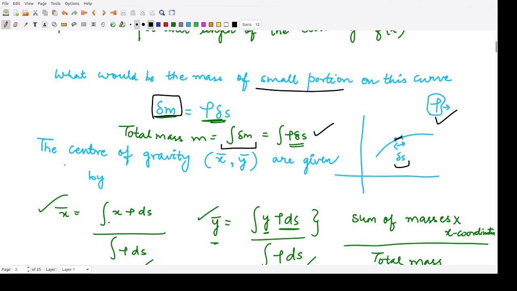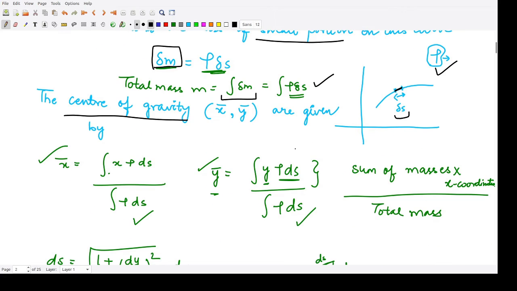Now what would be the center of gravity for this particular curve? It is again represented by the coordinates x bar and y bar, and it is calculated using this expression: x multiplied by the small portion of mass. Earlier we had the formula summation xi mi divided by summation mi.